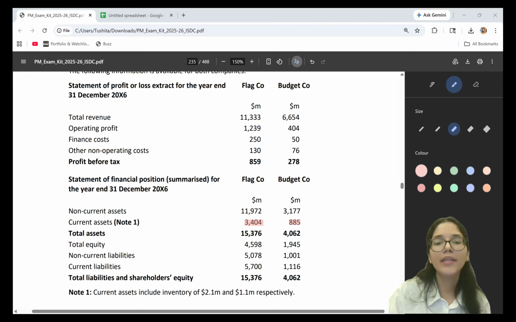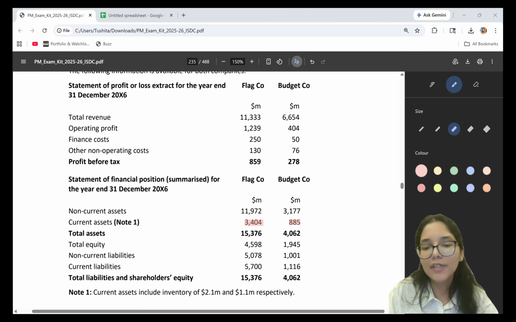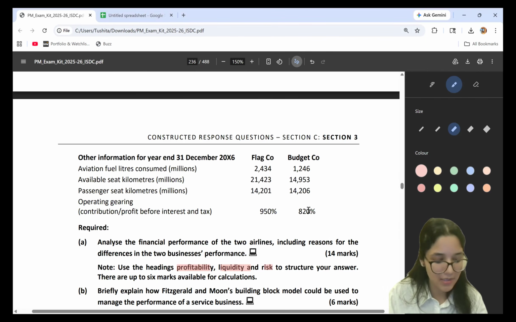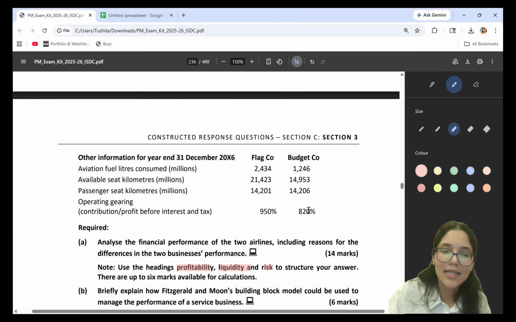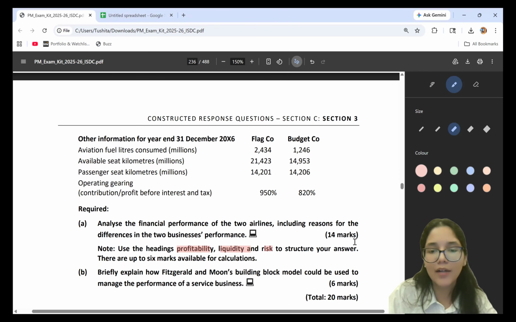And we can also talk about the operating gearing. We don't even have to calculate the operating gearing. It is directly given to me in the question. So I can use this number and come to better answers, right? These are the shortlisted ratios that we are going to calculate. Are you all with me? So far, so good?